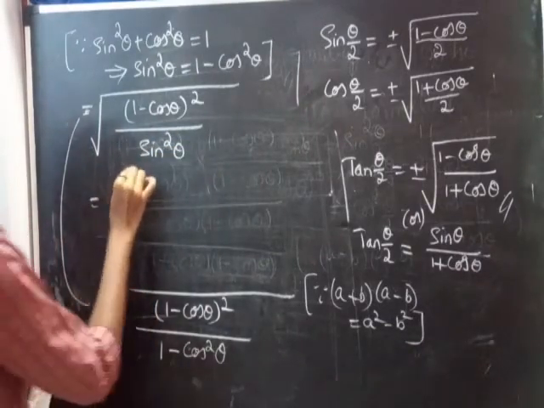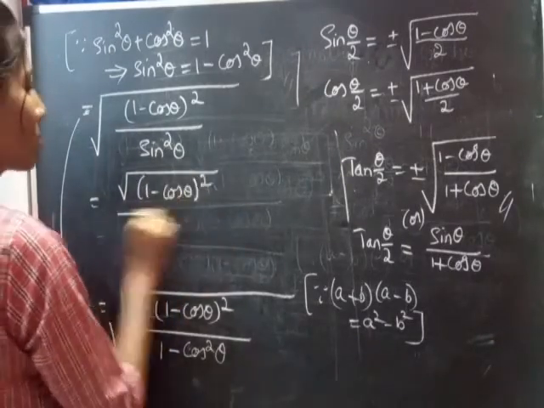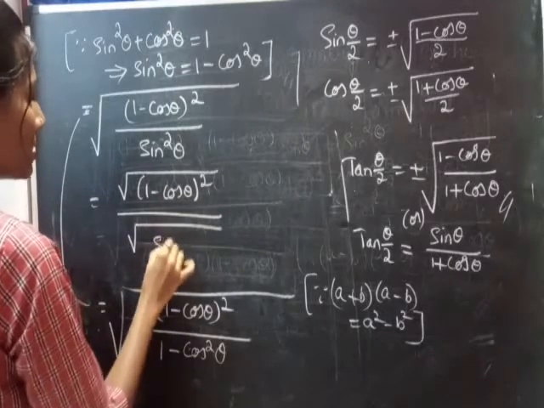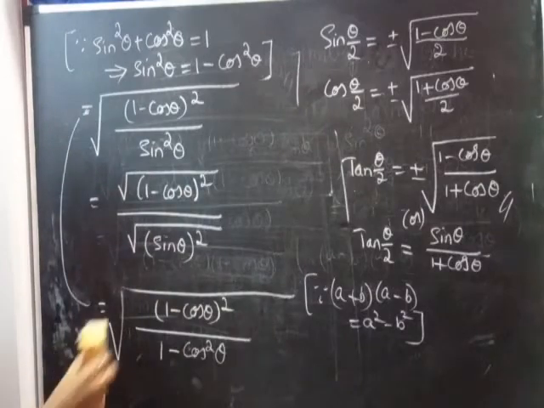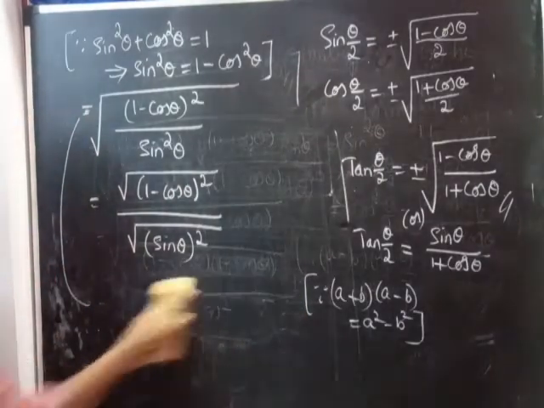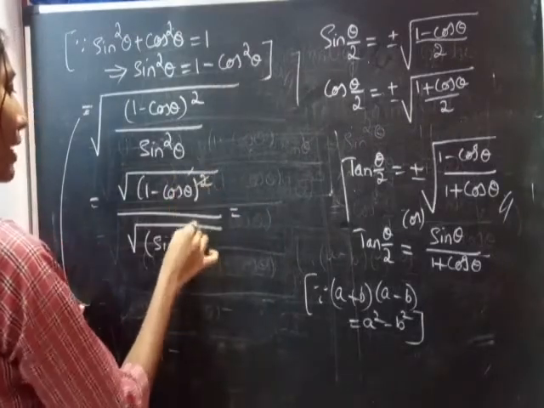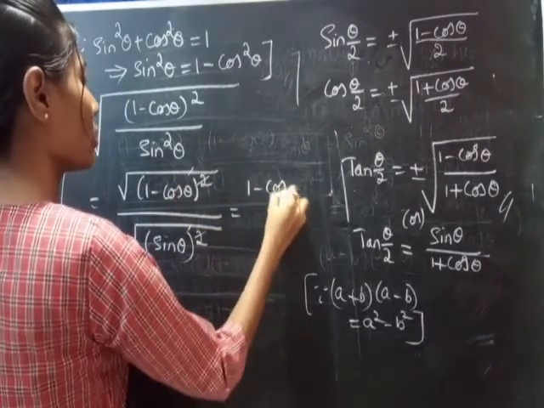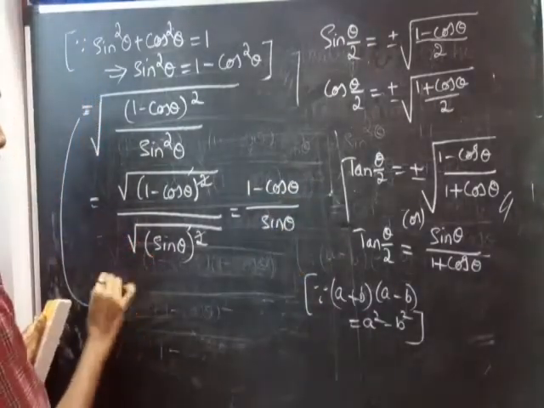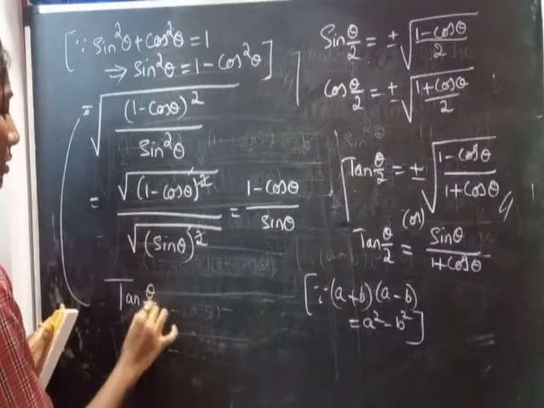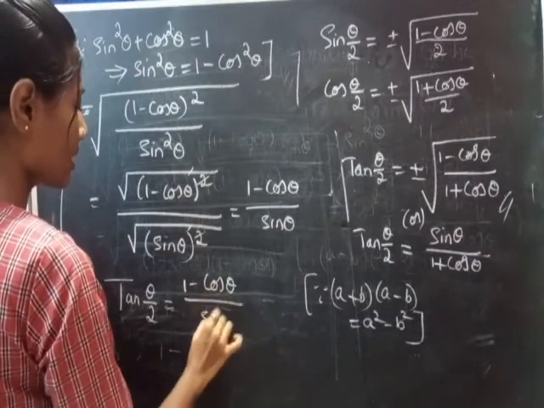So this equals root over (1 minus cos theta) whole square by root over (sin theta) whole square. You can write sin square theta as (sin theta) whole square. So the square and root get cancelled. You'll get 1 minus cos theta by sin theta. So therefore tan theta by 2 is equal to 1 minus cos theta by sin theta.